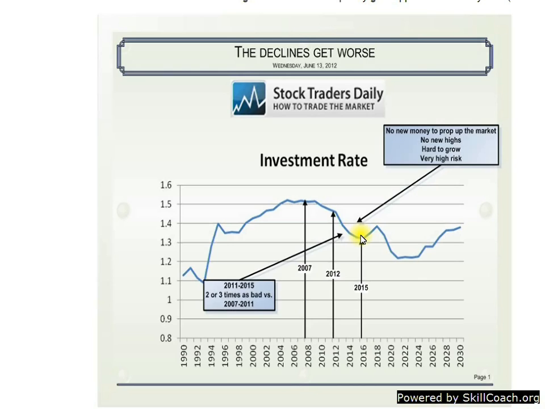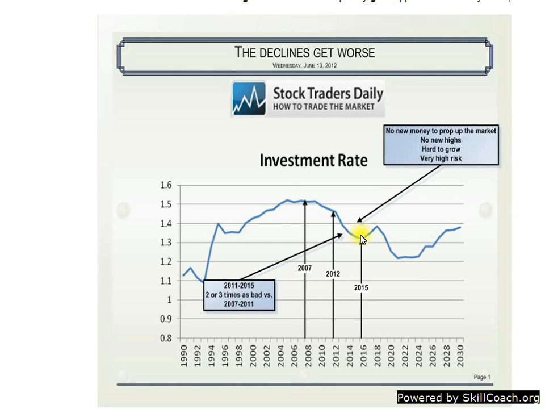The printing of dollars is not going to help when it's offset by fiscal tightening. So the infusions that we've been accustomed to in years past are no longer there either. Things are different. They can get much worse.